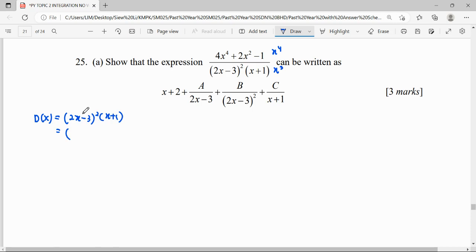As we expand this, we'll get a squared plus 2ab plus b squared. So expand some more. Multiply it by the x. Again, multiply it by 1.